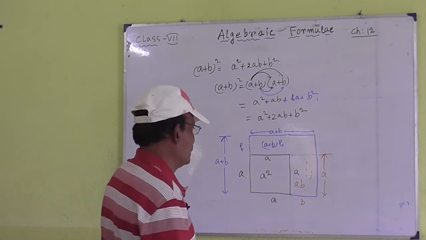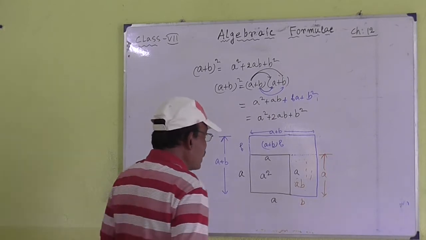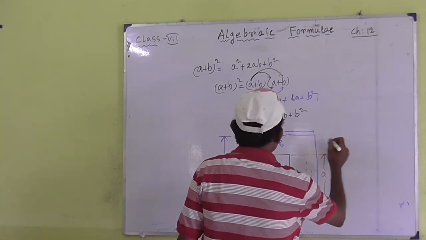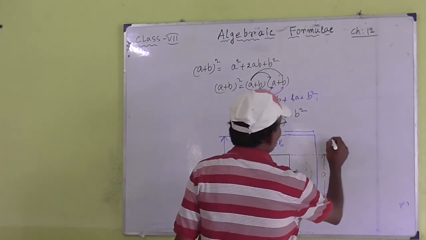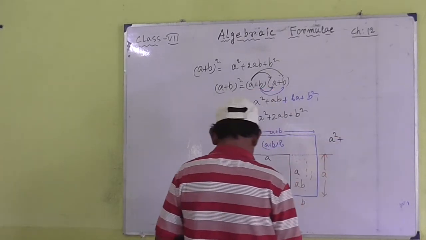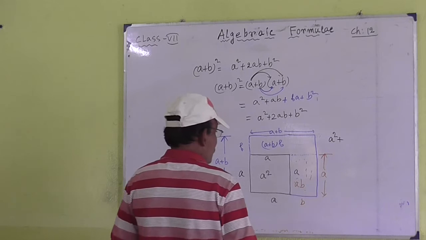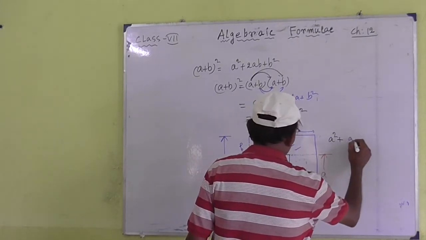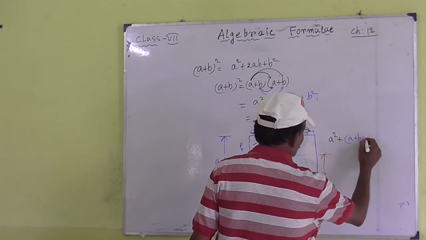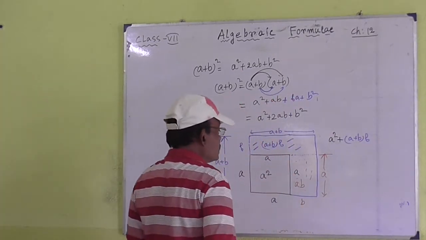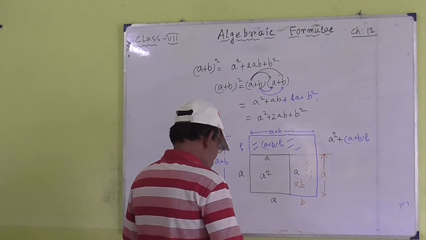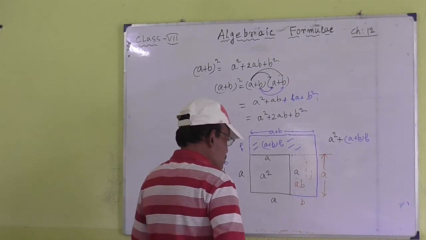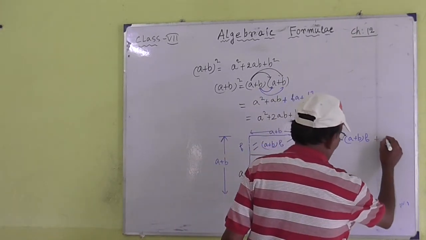So, the total area of the square: this area a square plus this area a plus b into b, clear, and the rest area ab.